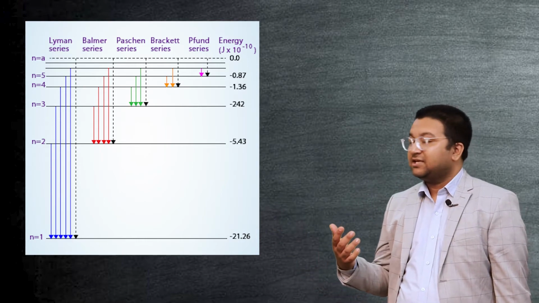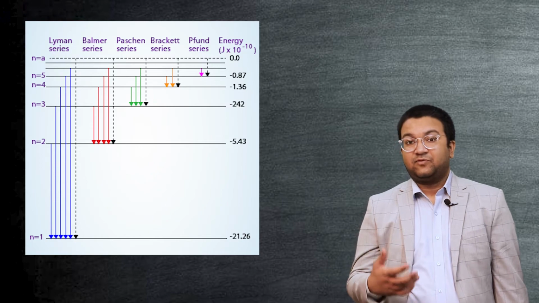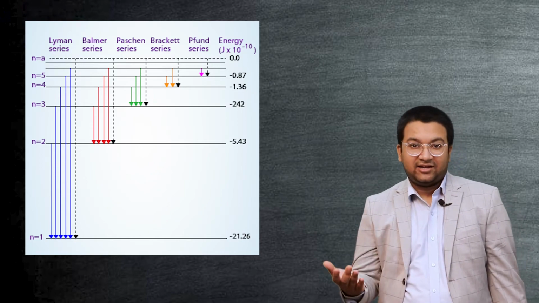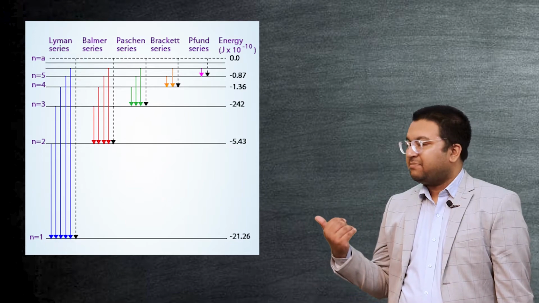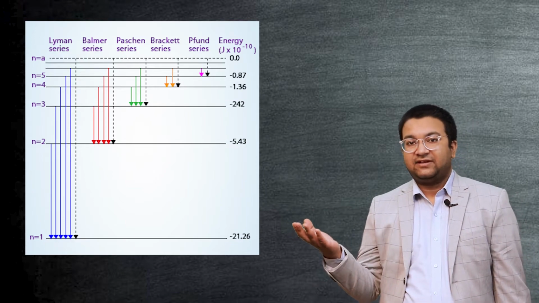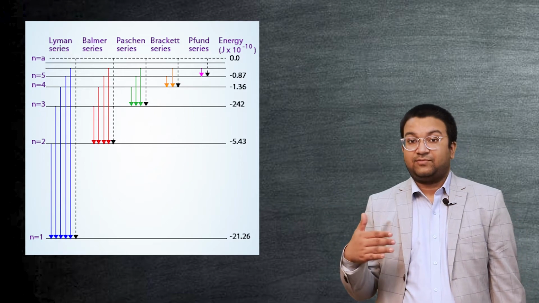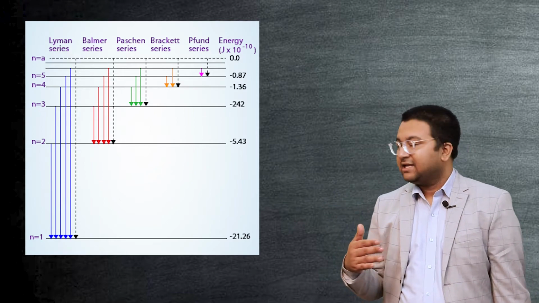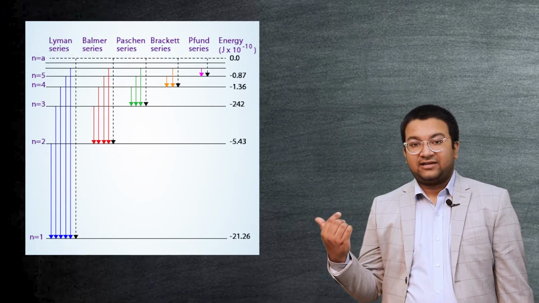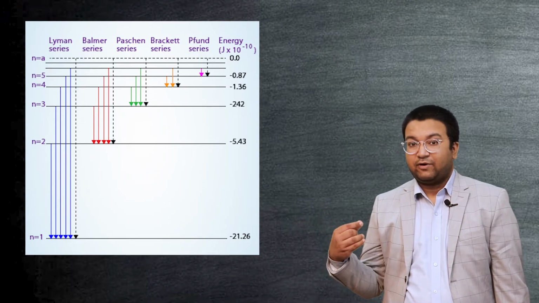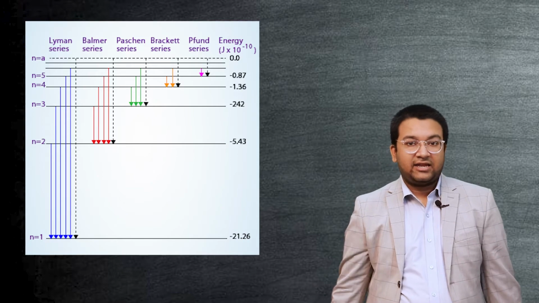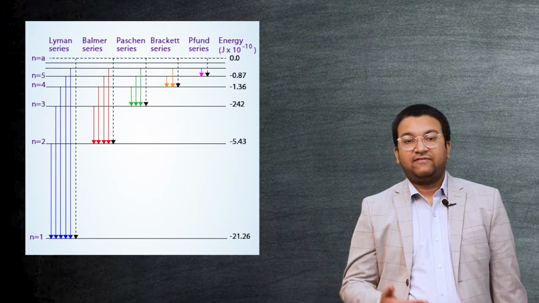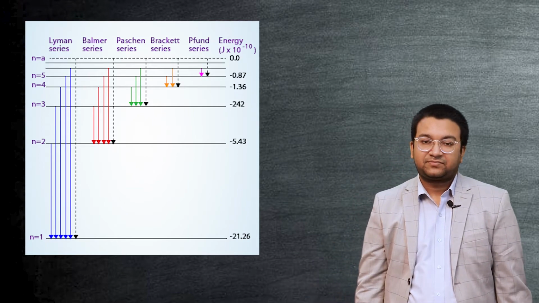Similarly, the Balmer series is caused by the transition from any higher energy level to n equal to 2. Paschen is caused by transitions to n equal to 3, Brackett is from any higher energy level to n equal to 4, and finally Pfund is any higher energy level to the 5th energy level transition.